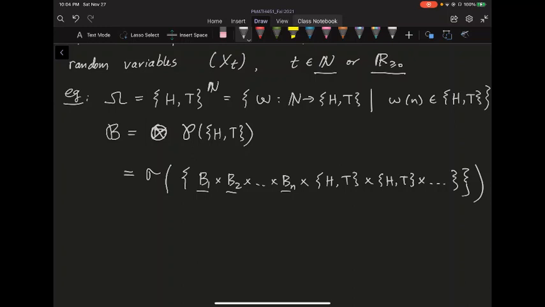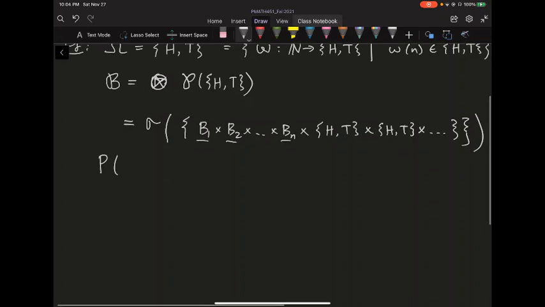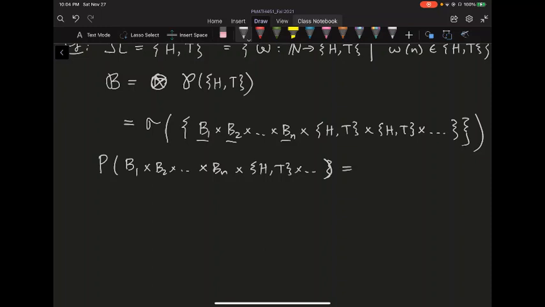And the probability you have is basically, you only need to define it on these cylinders and you extend it to the whole thing. So the probability you define on B1 cross B2 and so on cross Bn, and then you cross these H, T and so on, is basically just equal to the probability of the first n things happening.